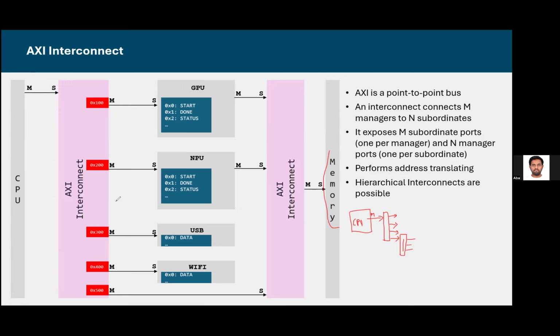This is what makes modern SoCs, modern chips possible, because whoever is designing the CPU doesn't have to think too much about supporting different GPUs, different NPUs, and different memories. They only have to make one or two master ports, and whoever is designing the memory just needs to have one subordinate port and make it as fast as possible.